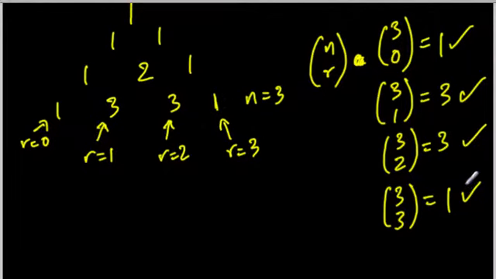Okay? Let's try to predict what the fifth row will look like, when n is equal to 5. To know what that n equals 5 row looks like, we can start with 5 choose 0, and that should equal 1.